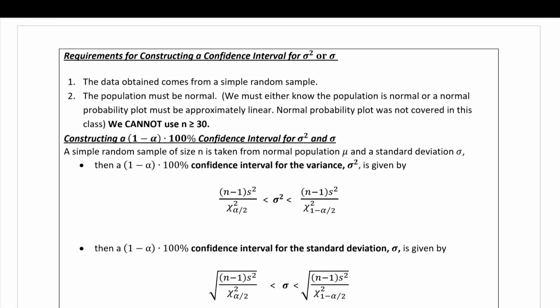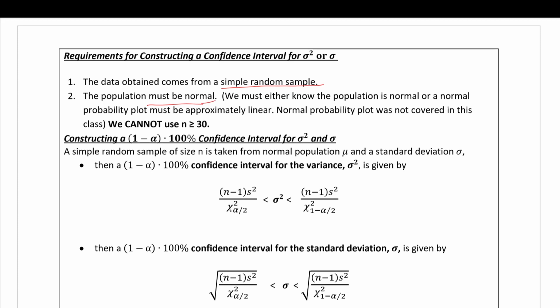Now that we know how to calculate critical values for chi-square distributions, then we can start talking about coming up with the confidence interval. But first, let's talk about the requirements. We have the typical requirement that our data has to be obtained by using simple random sampling, but we have a more strict requirement that the population must be normal.